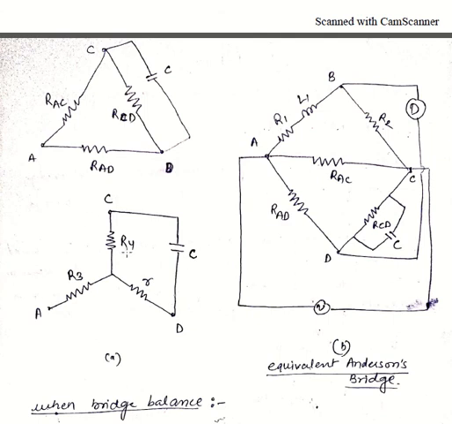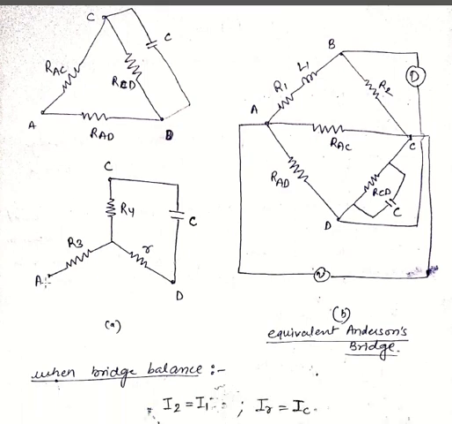So we have this star connection. We will convert this star connection into this delta. Between AD we will have RAD, between AC we will have RAC, and between CD we will have RCD, in replacement of R4 and r. By simplifying this star to delta, we replace this delta in our Anderson bridge and get the equivalent Anderson bridge.